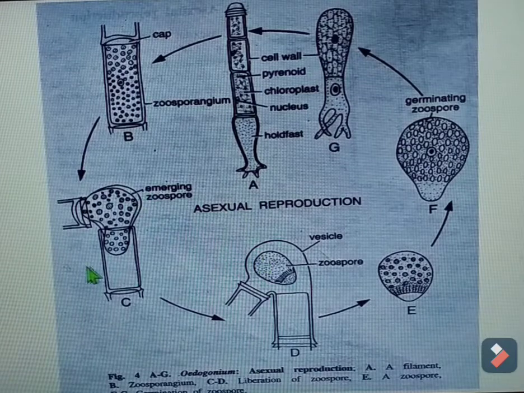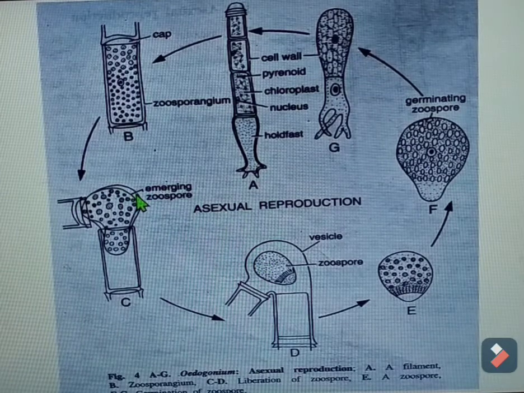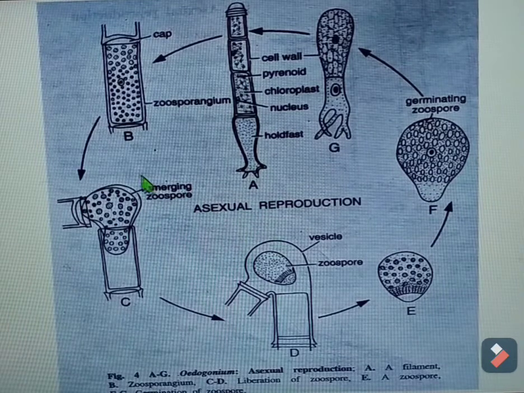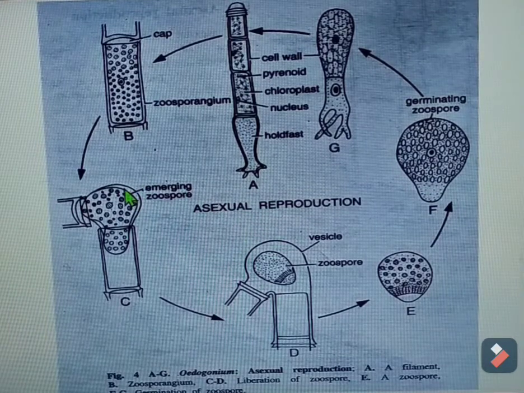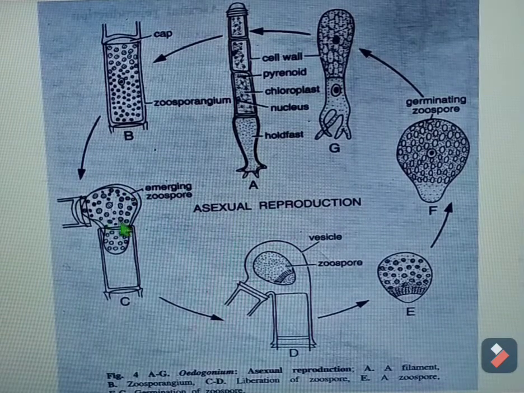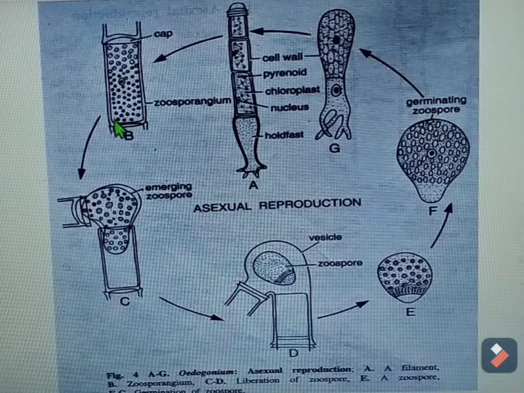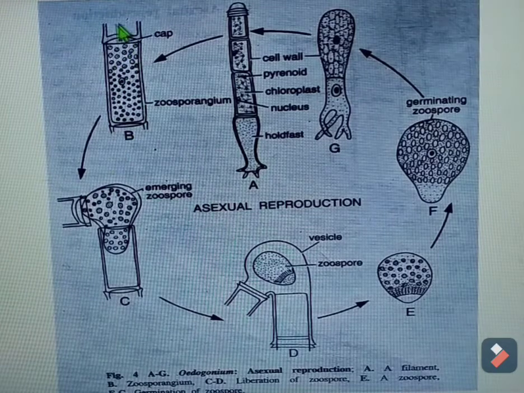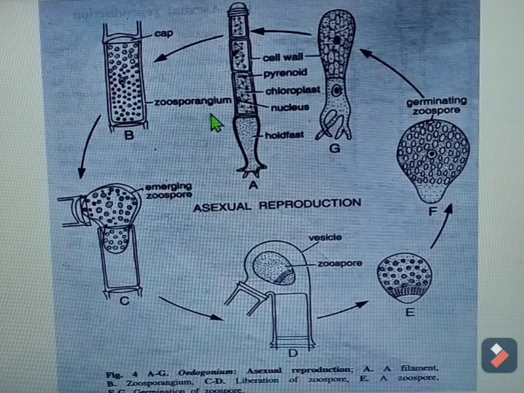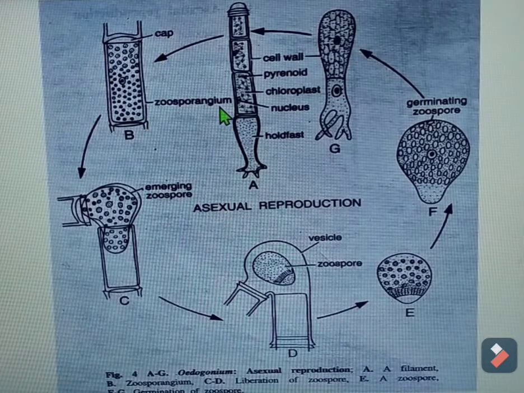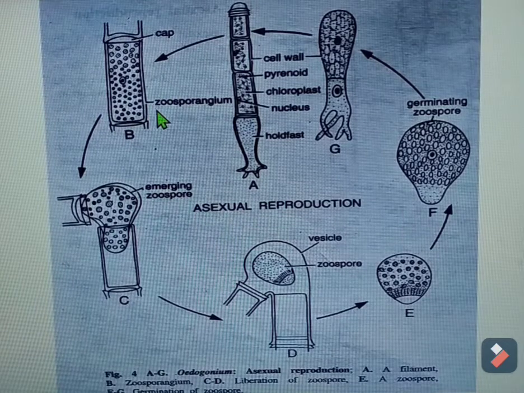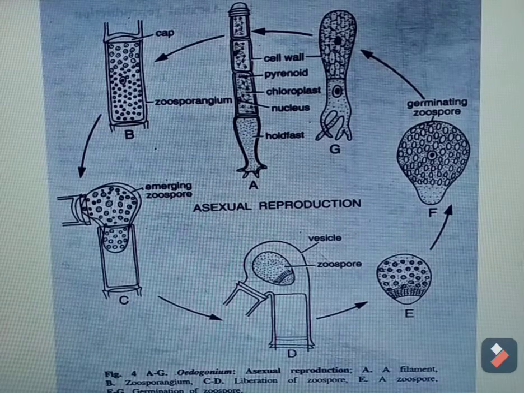You can see in figure C, the glassy or translucent hyaline area will develop on one side of the protoplasm. You can see this whole protoplasm here. In this cell, first the cell with the cap acts as a zoosporangium, then the cell contents contract slightly.